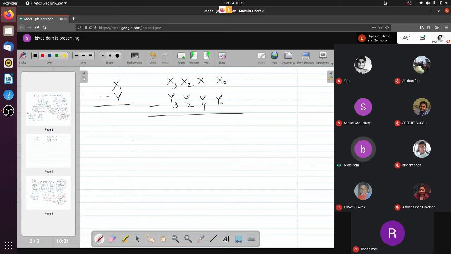Whatever truth table is given, it will try to implement that truth table. As the truth tables are different, the circuit should also be different. So the circuits for half subtractor and half adder, and at the same time the full subtractor and full adder, are definitely going to be different. They won't be exactly the same.